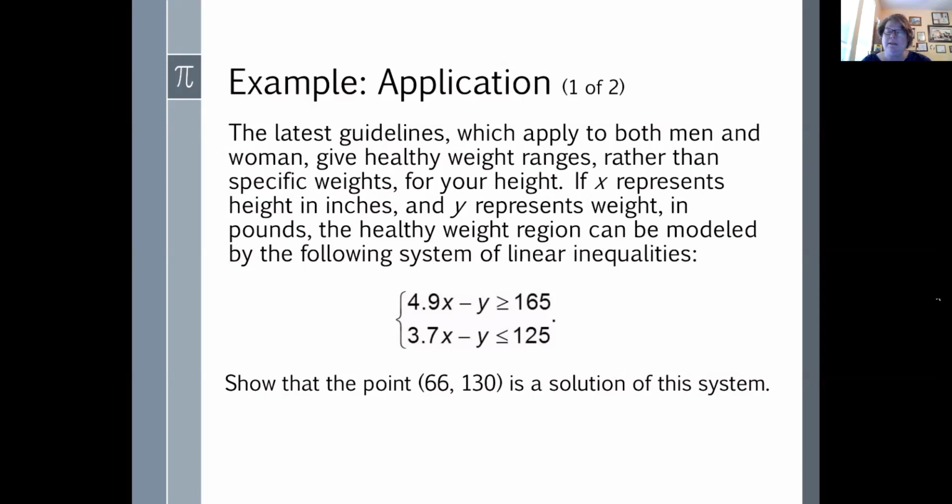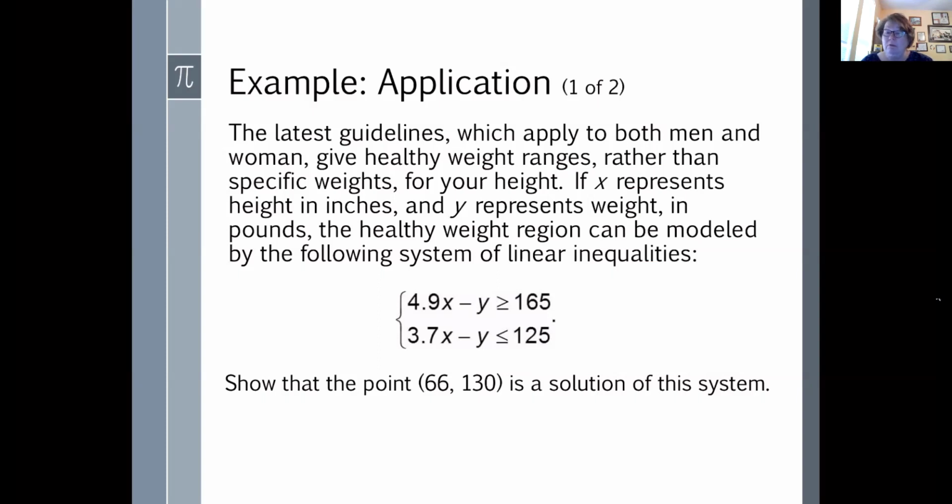So there is a system of linear inequalities. We have 2 inequalities, and there is a region of ordered pairs that satisfies both of these inequalities. If we were to graph these, we could see that they do intersect, and there are regions that are created by these 2 lines in the coordinate plane.